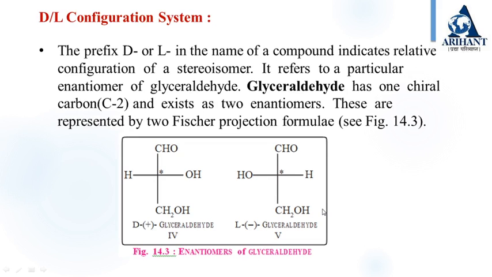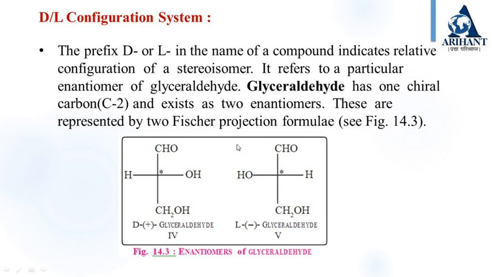So see in this slide, we will see the capital D and capital L configuration system. The prefix D or L in the name of a compound indicates the relative configuration of a stereoisomer. It refers to a particular enantiomer of glyceraldehyde. Glyceraldehyde has one chiral carbon, C2, and exists as two enantiomers.